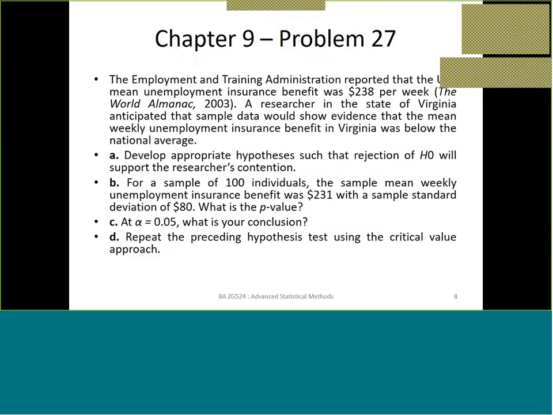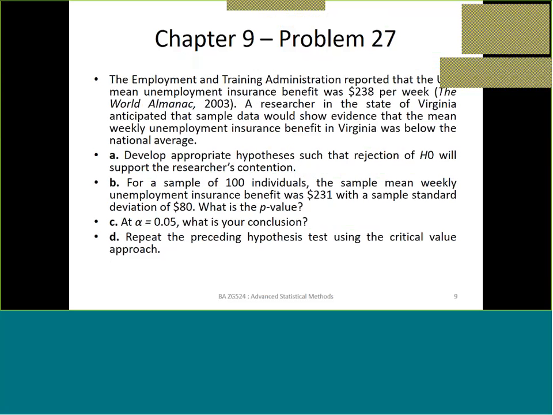The Employment and Training Administration reported that the mean unemployment insurance benefit was $238 per week. A researcher in the state of Virginia anticipated that sample data would show evidence that the mean weekly unemployment insurance benefit in Virginia was below the national average. Develop appropriate hypotheses such that the rejection of H0 will support the researcher's contention.